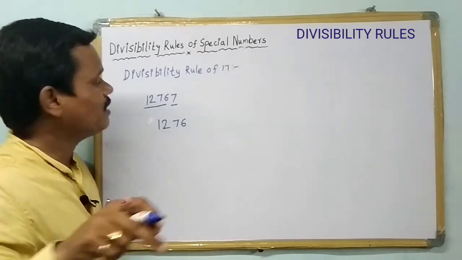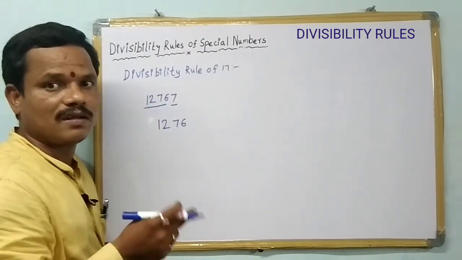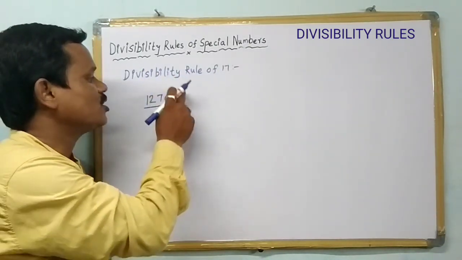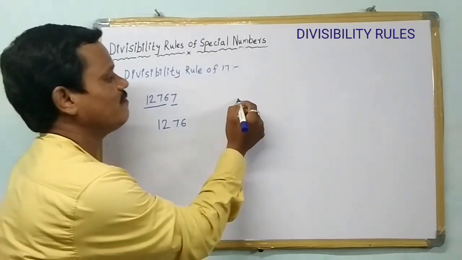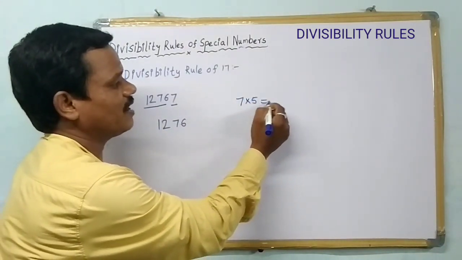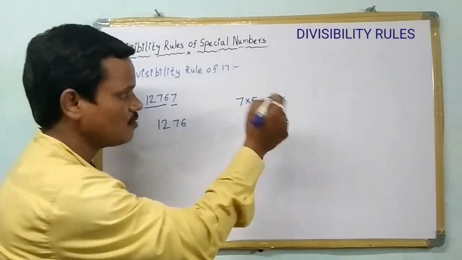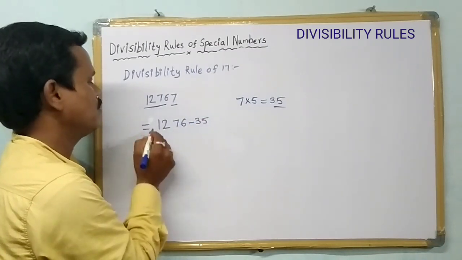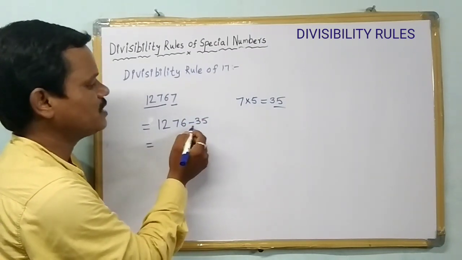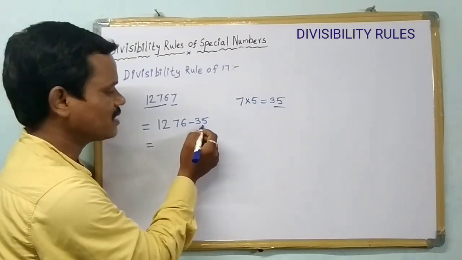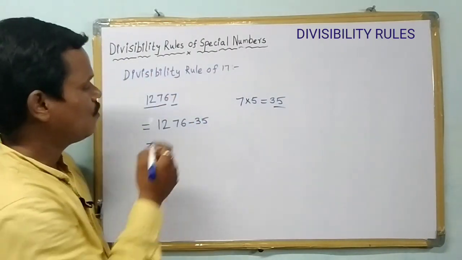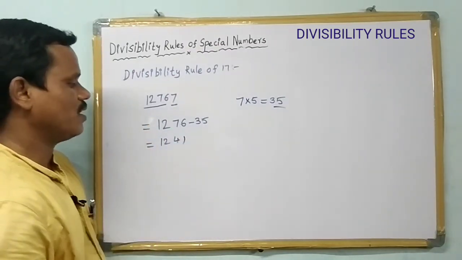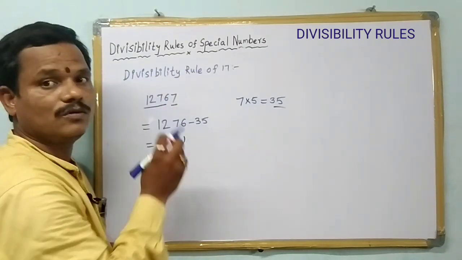Now multiply the first part number 7 by 5 only, in the divisibility rule of 17. 7 fives are 35. Now subtract 35 from the second part, 1276. The answer is 1241.